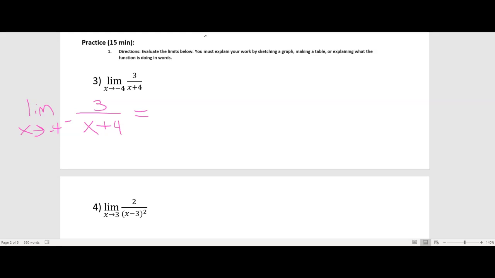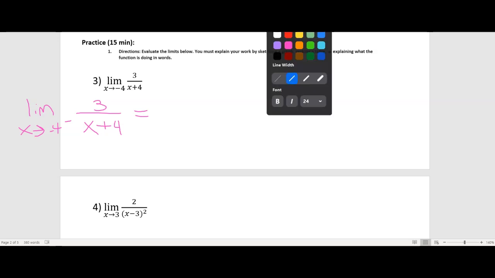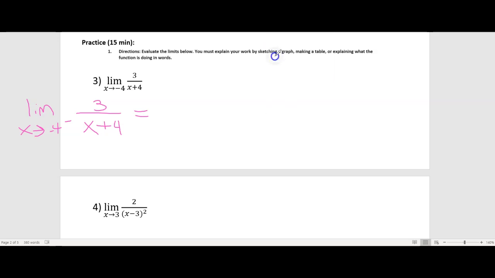And one way you can do that, if you can't do that in your head, is just to test a number right to the left of -4. So we can just test, and we can do 3 over -4.1 plus 4. That's going to give us 3 over -0.1, which is going to give us -30.